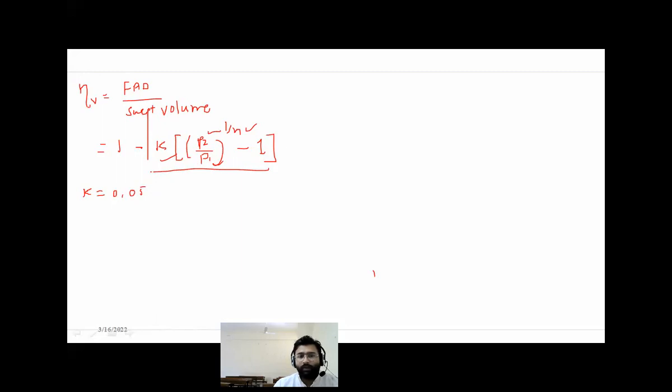After we calculate volumetric efficiency, the fresh air delivery is given as 14 meter cube per minute, and then we can calculate swept volume VS. So calculate volumetric efficiency: 1 minus K, which is 0.05, into the bracket, P2 is 7 divided by 1, raised to 1 by 1.3, minus 1.